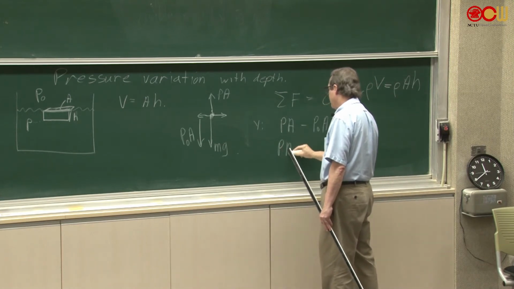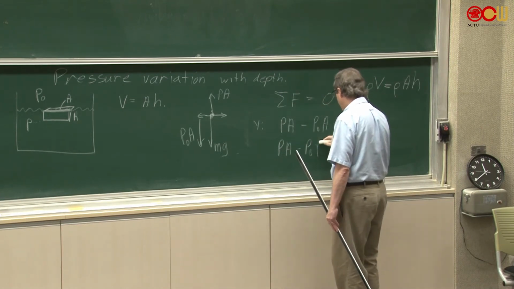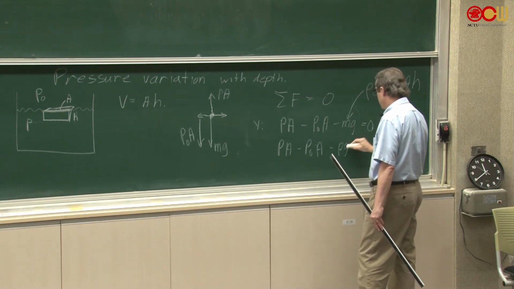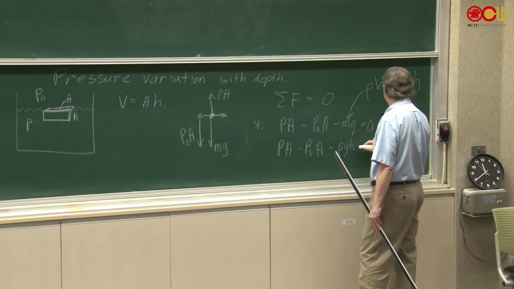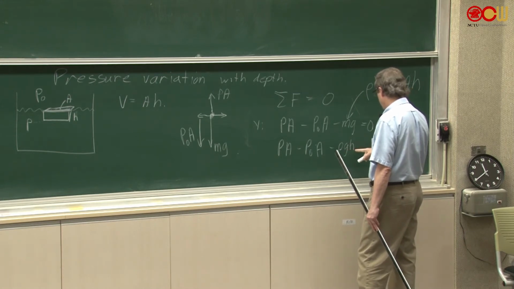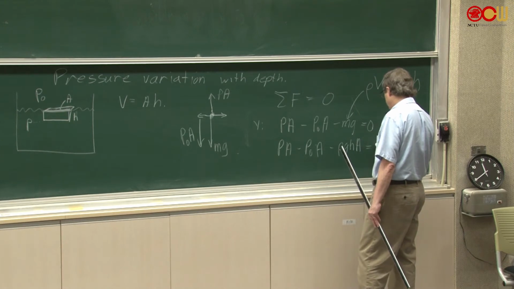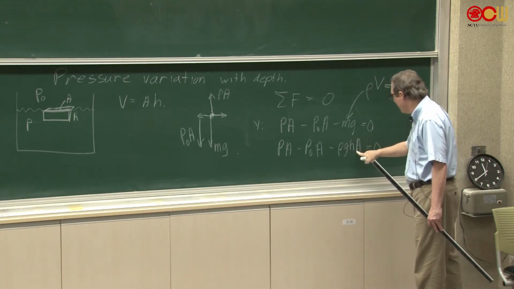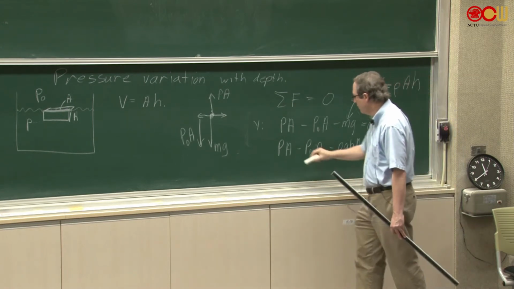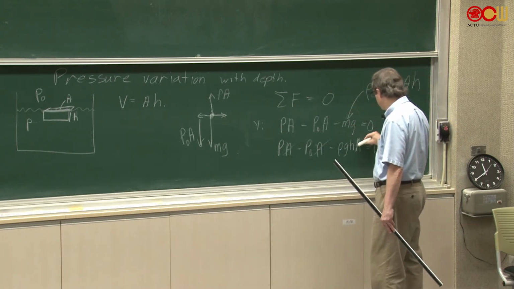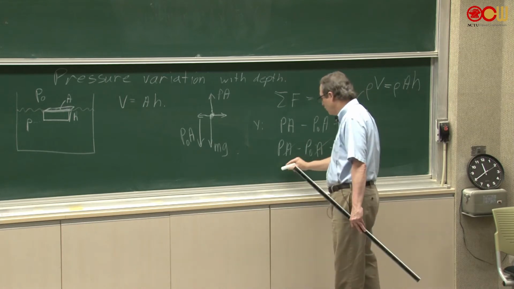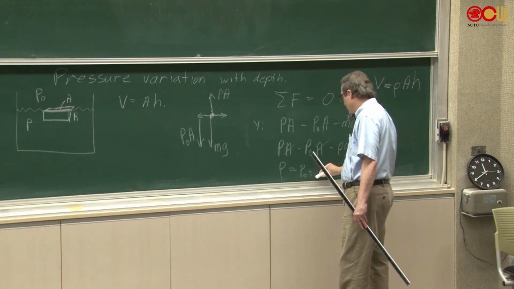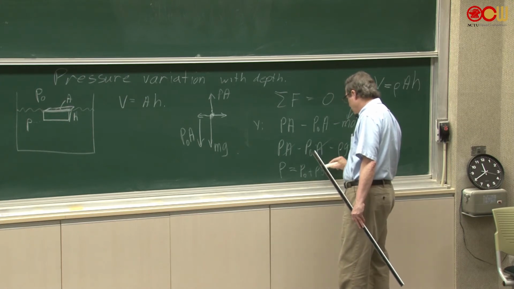I get PA minus P0A minus rho g H A equals 0. All the A's cancel, and I get my result: P equals P0 plus rho g H.